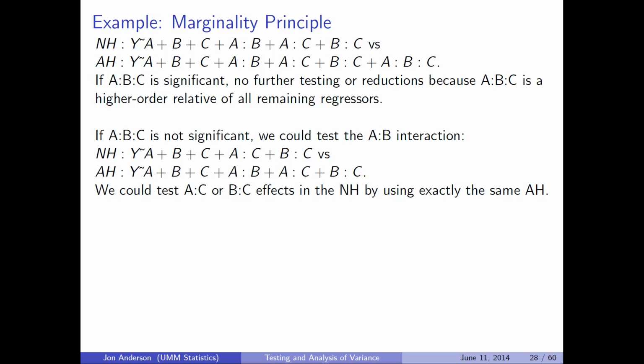And the alternative hypothesis model has all of the main effects and all of the two-way interactions. And so this would be a way to test the A by B interaction. We would test an A by C interaction the same way. We would leave it out of the null hypothesis model and keep it in the alternative.